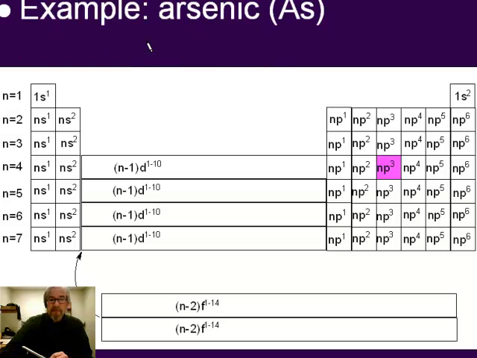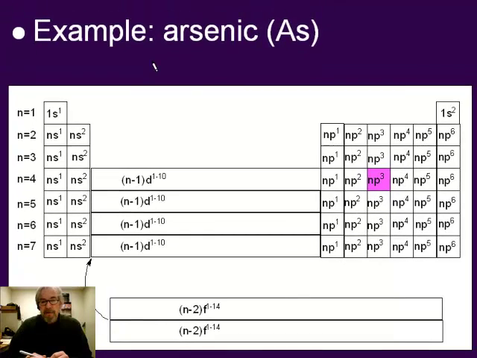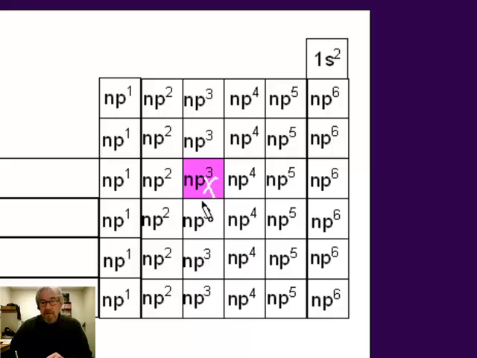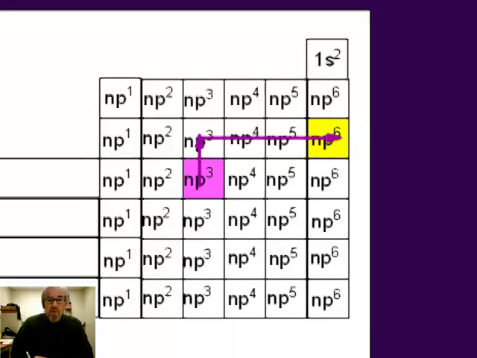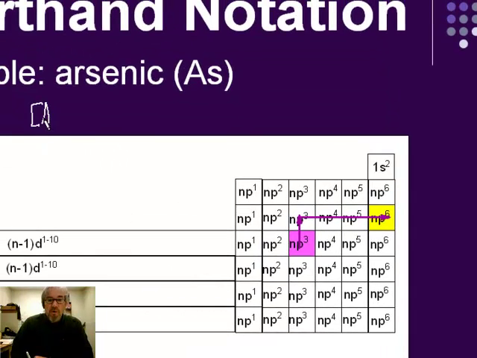Let's do an example. Here's arsenic. There's the location of arsenic right there. So what we're going to do to find the previous noble gas is go up and over to the right. The noble gas we find here for arsenic is the noble gas in the third row, which is argon. So we'll start out arsenic shorthand notation by putting square brackets with Ar inside, because that's the symbol for argon.